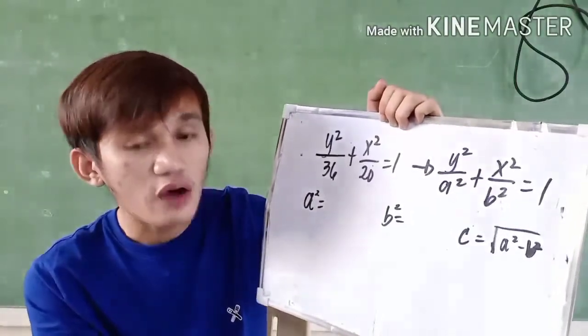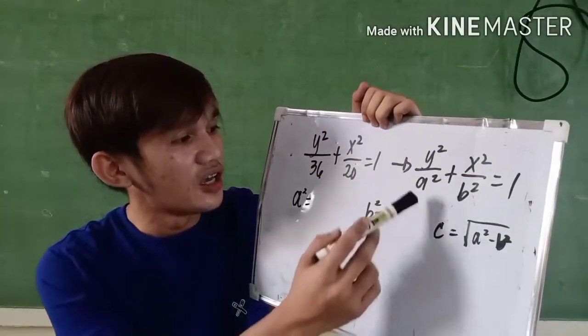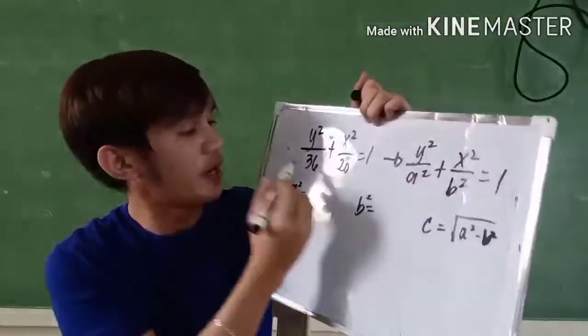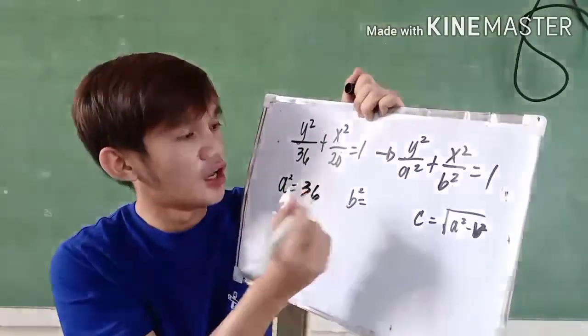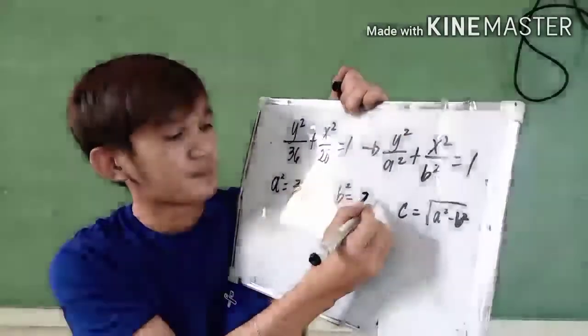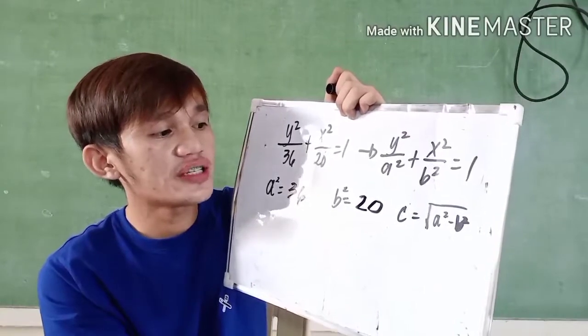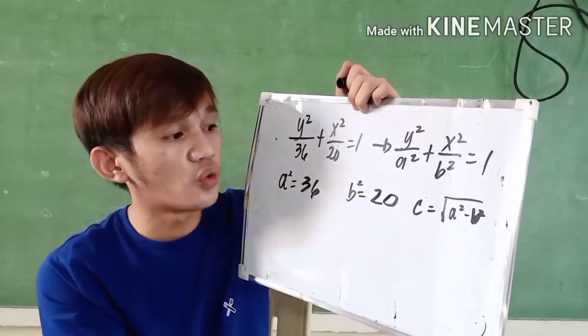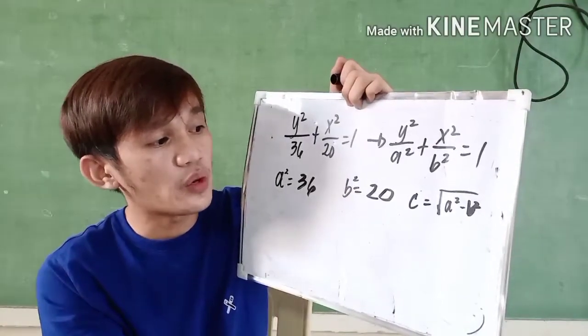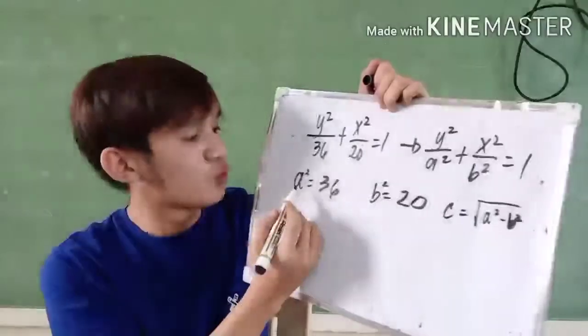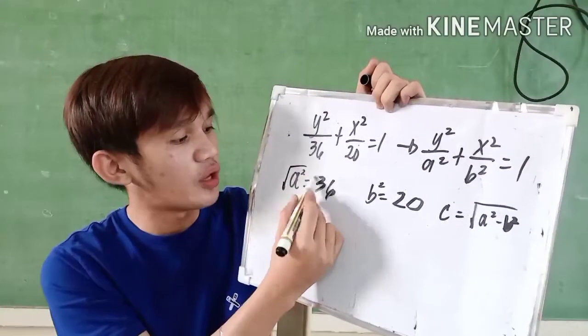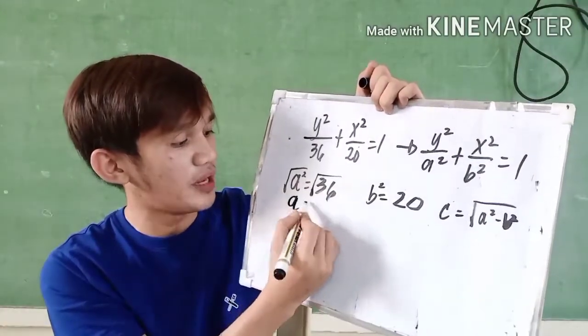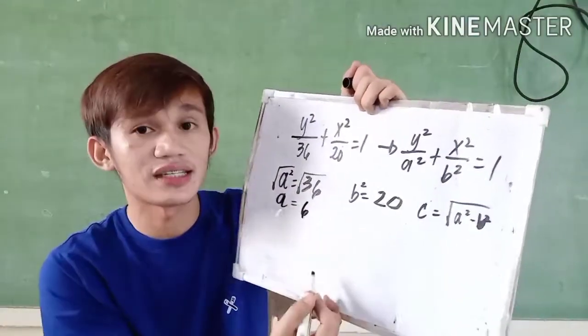So how to find your a: your a squared is 36, and your b squared is 20. And to get your c, you're just going to get the square root of a squared minus b squared. So to get a, you get the square root of 36, meaning your a is 6.